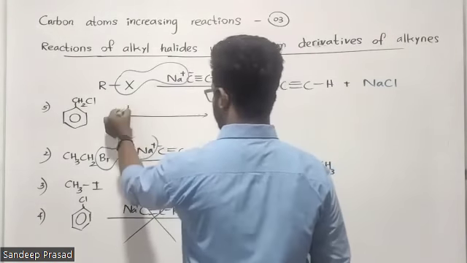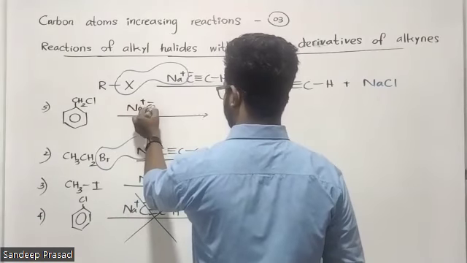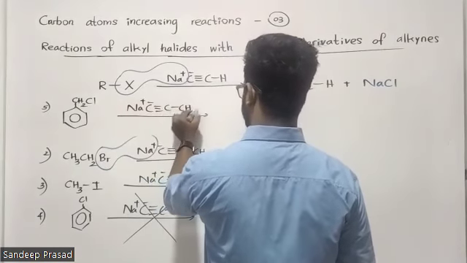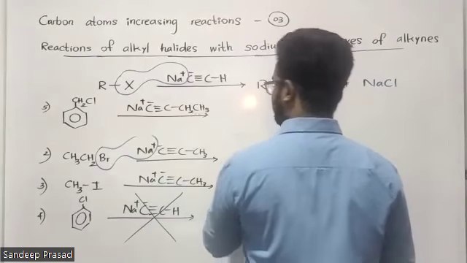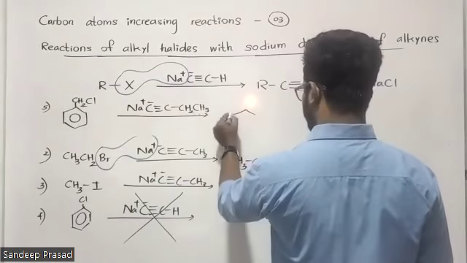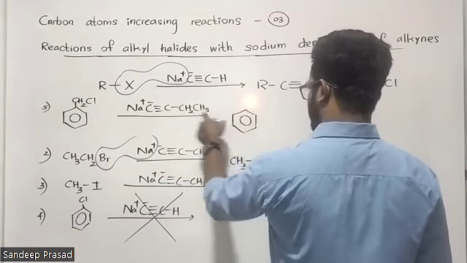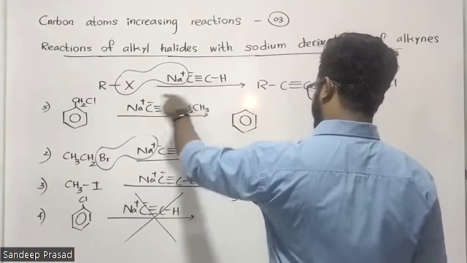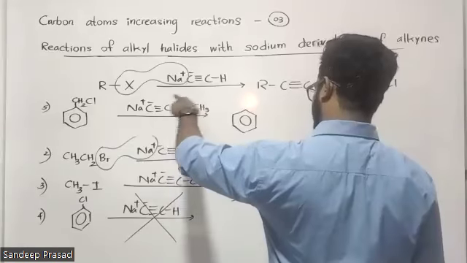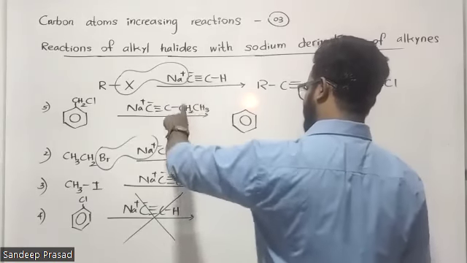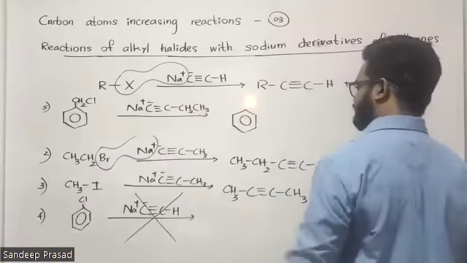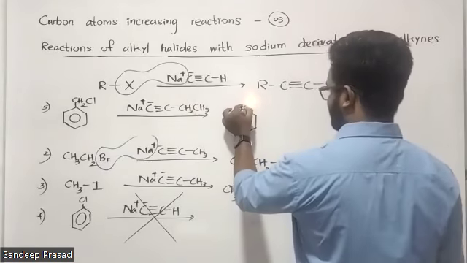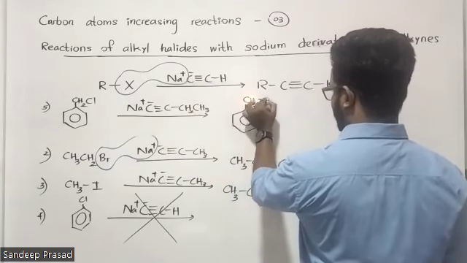And I'm going to add here Na+ with CH2CH3, right? See, the advantage of using this compound is that if you are allowed to use any kind of sodium salt, any kind of alkyne here, then you can increase the number of carbon atoms arbitrarily. It doesn't matter. So that is actually a big advantage.